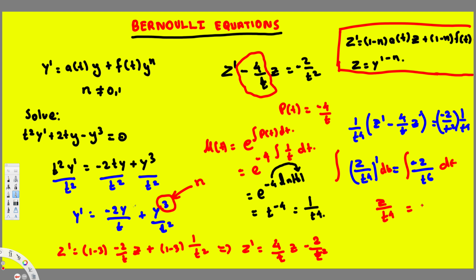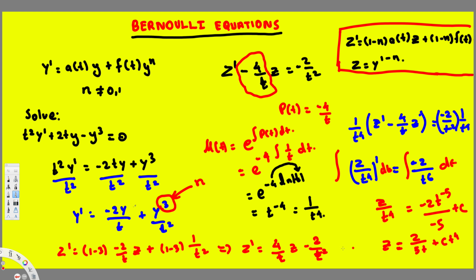So minus 2 t to the power minus 6 becomes minus 2 t to the power minus 5 divided by minus 5, plus a constant. Now we can cancel the negative, so this is a positive value. And if we multiply by t to the power 4 on this side, z is equal to 2 over 5t plus c t to the power 4.